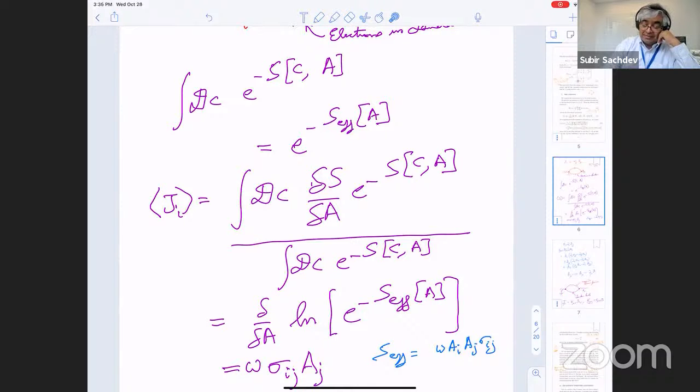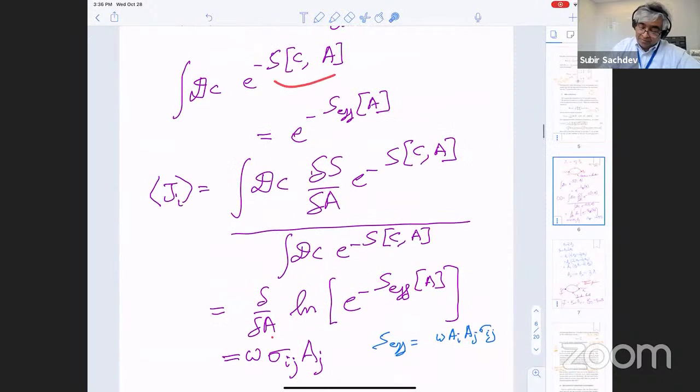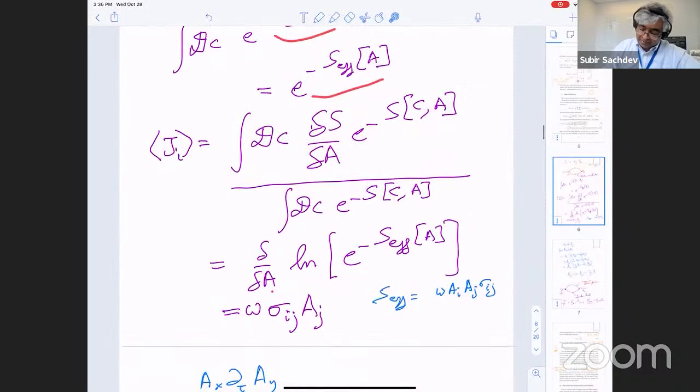And the current is just the derivative of the action with respect to the vector potential. Well, Lagrangian, but as you learn in electromagnetism, at least when I teach it. So you take the average of this with respect to this action, and then you can see this is d by dA of the log of the partition function. So that's the current.